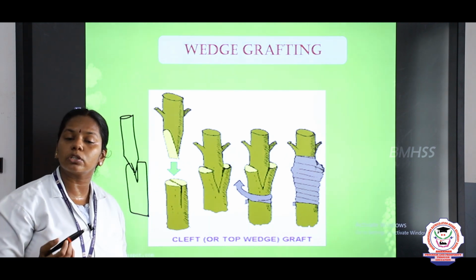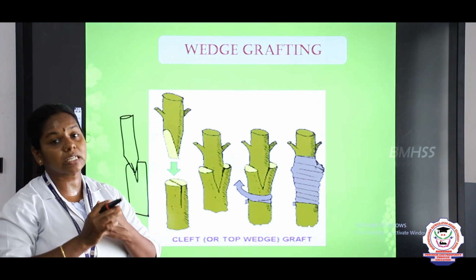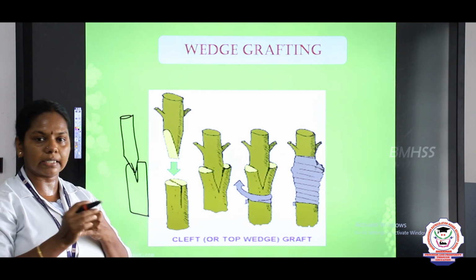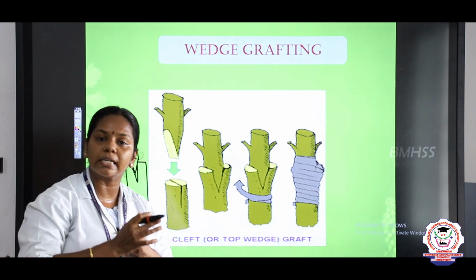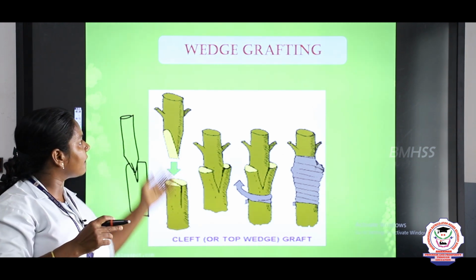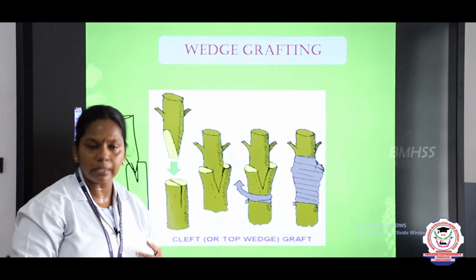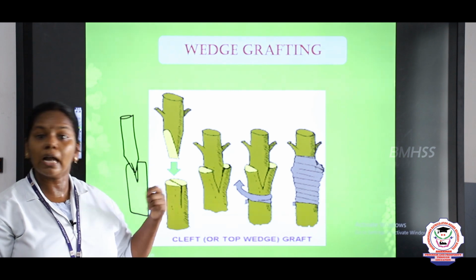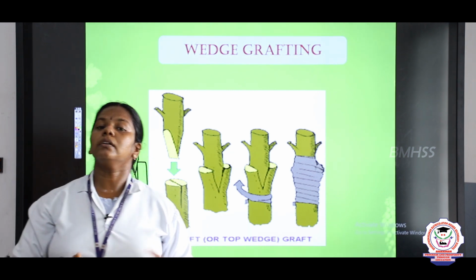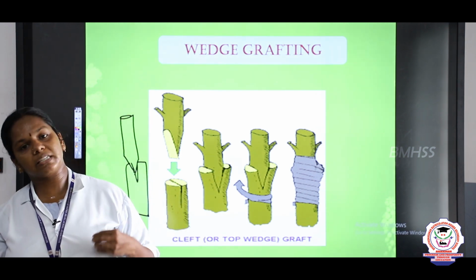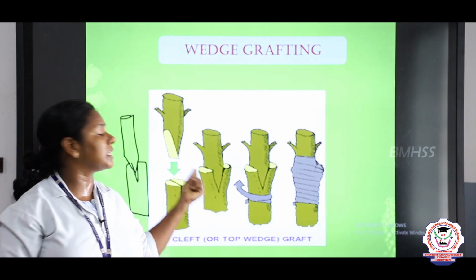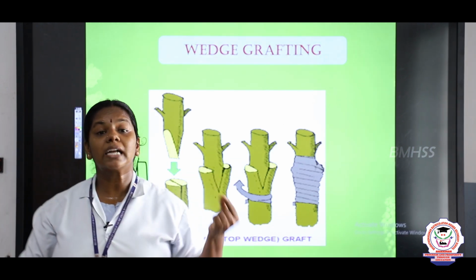So far what are the topics we discussed, children? We discussed cutting: stem cutting, root cutting and leaf cutting, and in grafting we discussed tongue grafting, crown grafting, wedge grafting and approach grafting. Children, go through this topic well, practice the diagrams, and these methods we also call conventional methods.